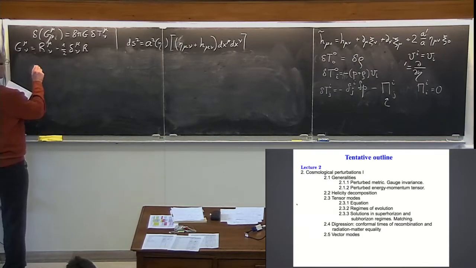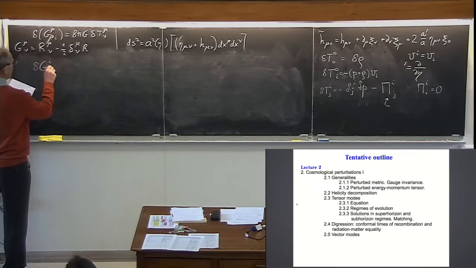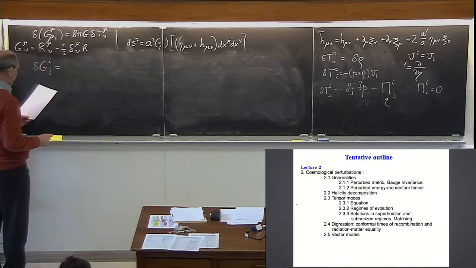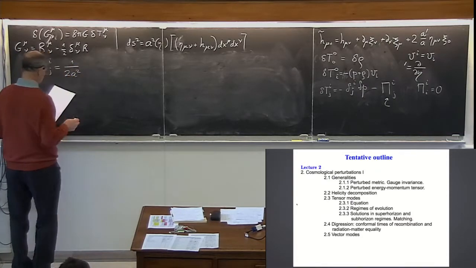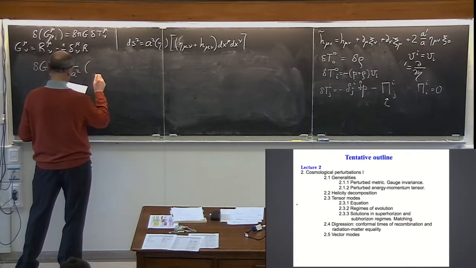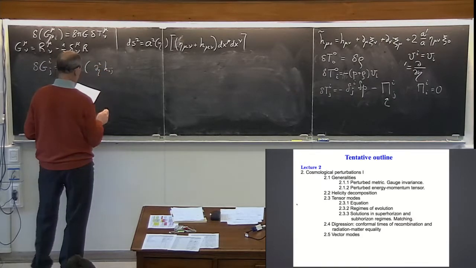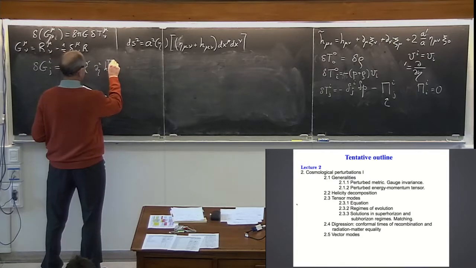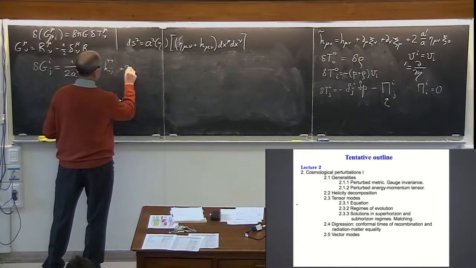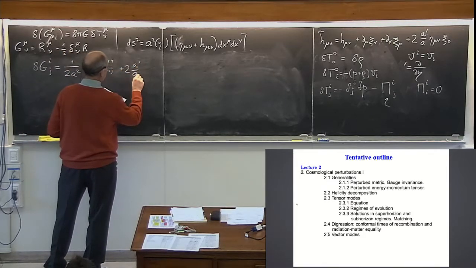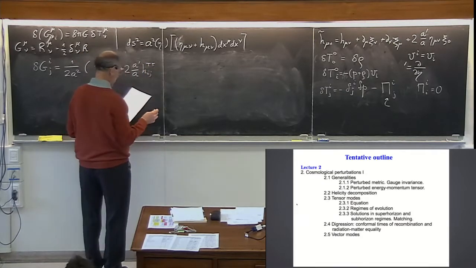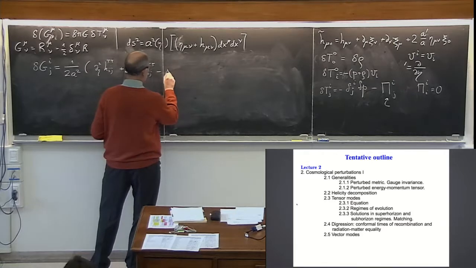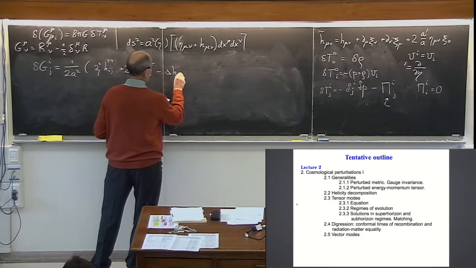So you get that delta G_ij equals 1 over 2a squared times d eta squared h_ij transverse traceless plus 2a prime over a h_ij prime minus Laplacian of h_ij.